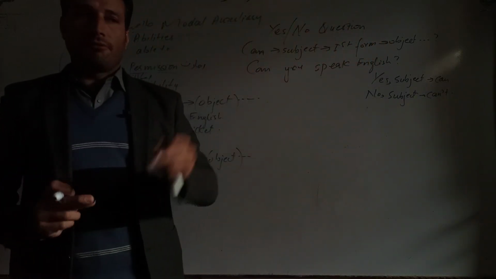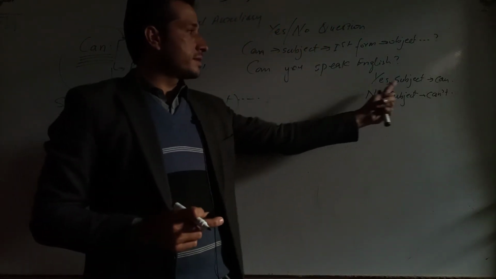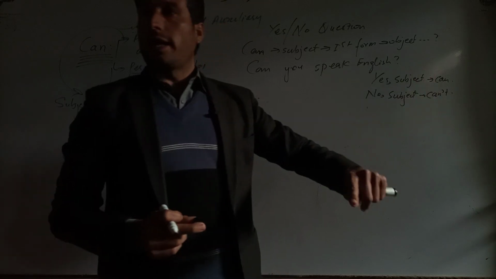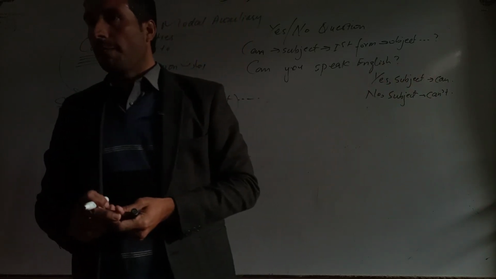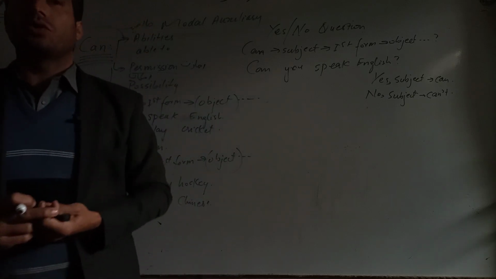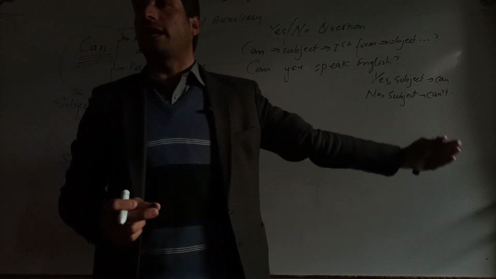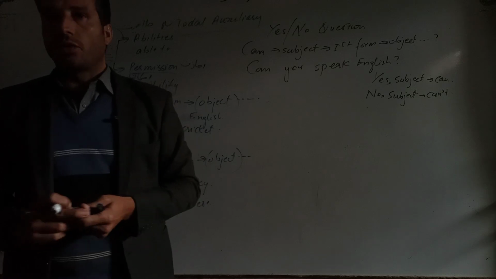For example, if I ask him can you speak English and he says yes I can, and if he says no I can't. Yes I can, no I can't, or with another subject, yes he can, no he can't. This way we'll answer it.